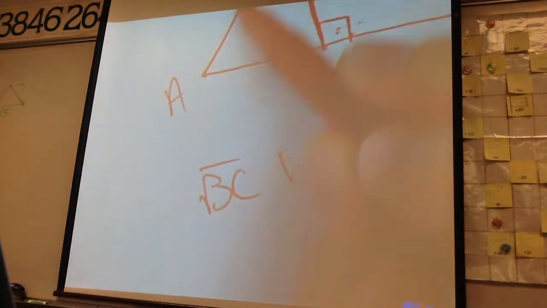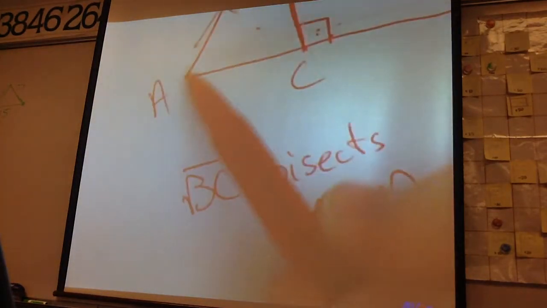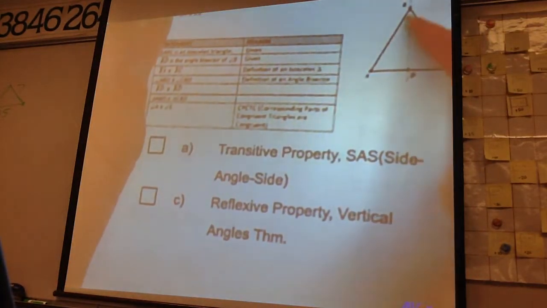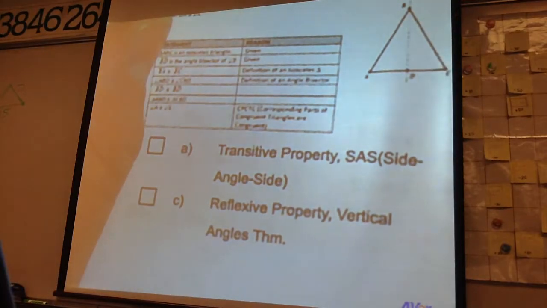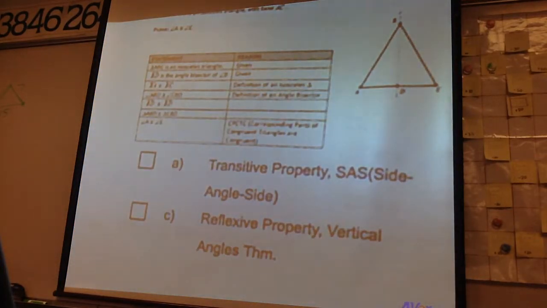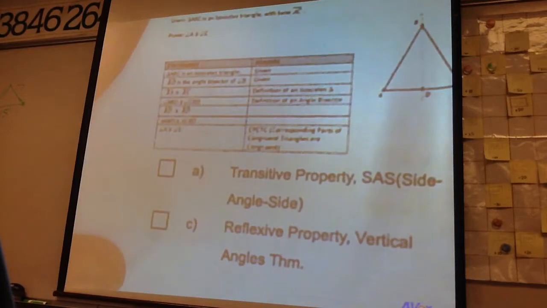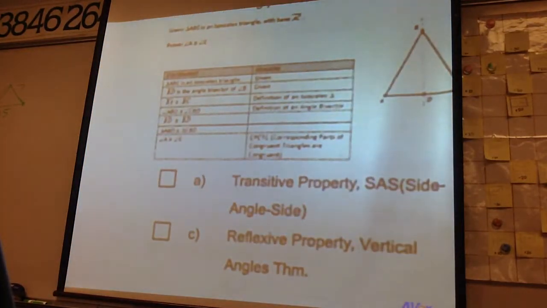Obviously these angles are the same. So for this one, prove angle A equals angle C, you just prove that the triangles are the exact same, and at the end your conclusion is, because the triangles are congruent, those angles must be congruent. That's all of these. Okay, so let's try to read this.